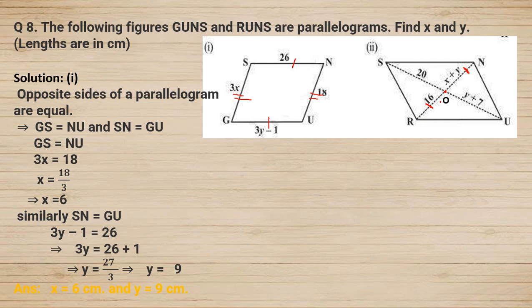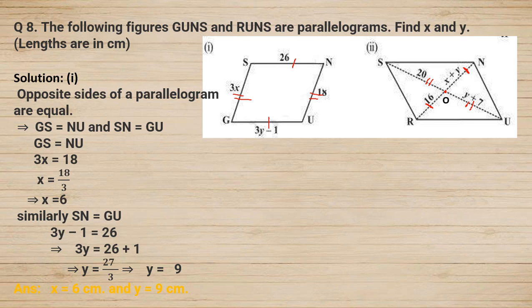So both the parts RO and NO are equal. Similarly, at this point O, the part of the diagonal SU is OU and the other part is OS. These two parts are also equal.